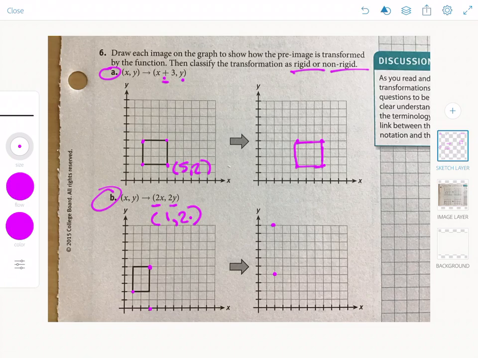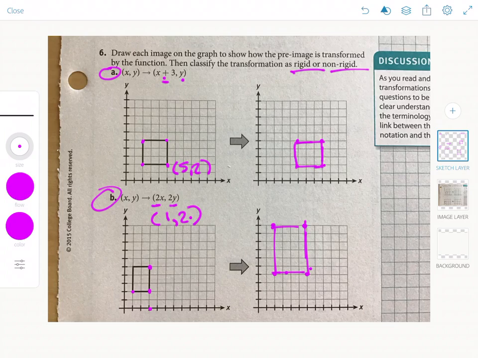Multiply both of those by 2, and you get 6, 10. And this point down here will fit the pattern. Multiply by 2, and you get 6, 4. And then we can connect the dots here. That is a non-rigid motion.